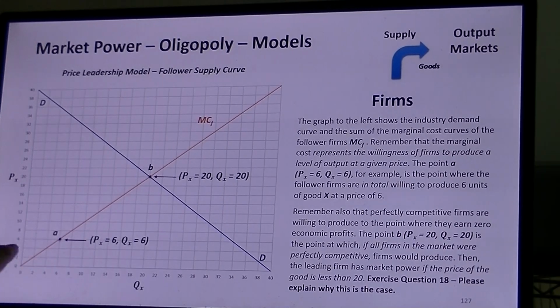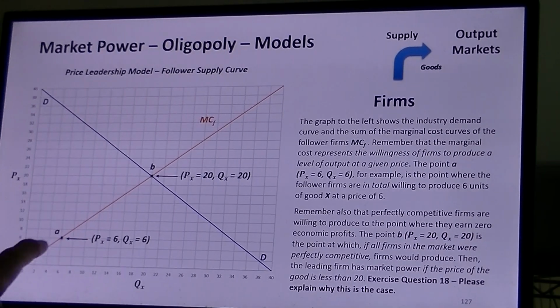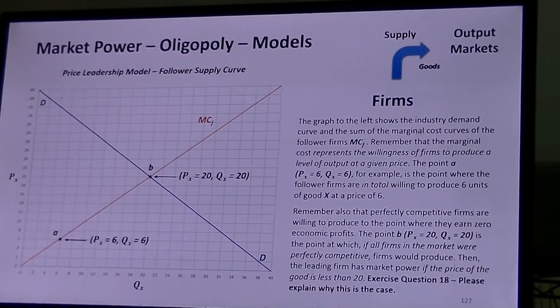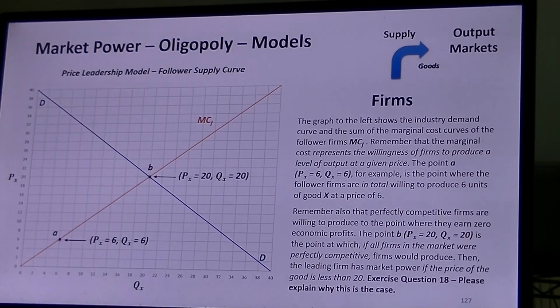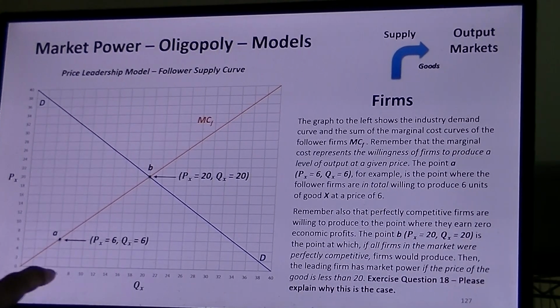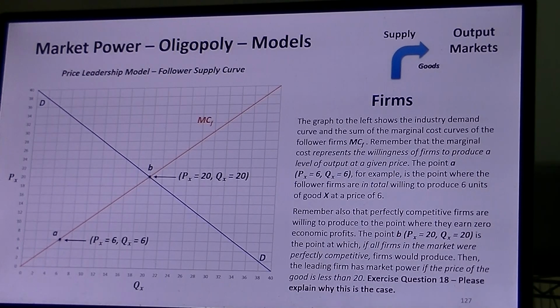This marginal cost curve says that at a price of 6 the firms are willing to produce an output of 6. So if the follower firms see that the market price set by the leader firm is 6, they are willing to produce 6 units of the good at that price.